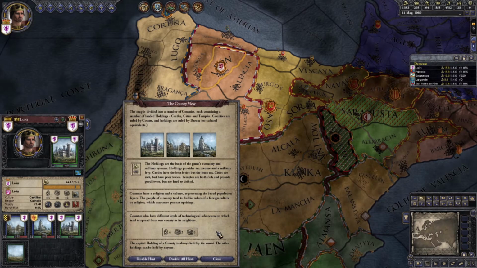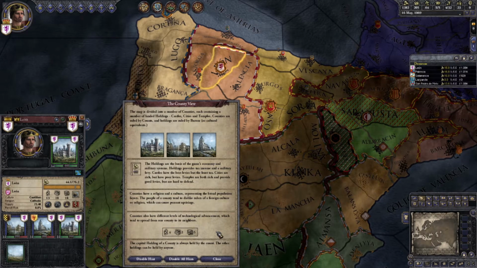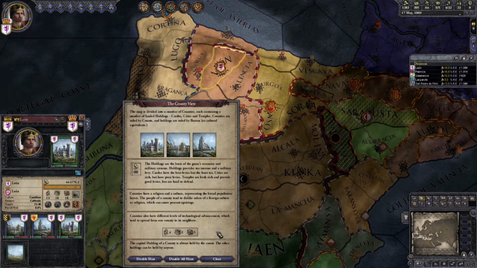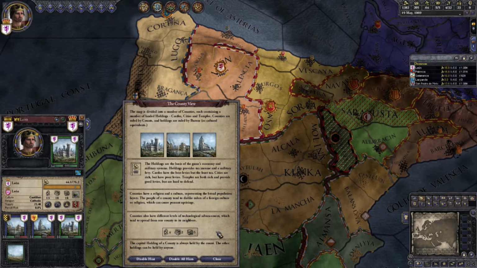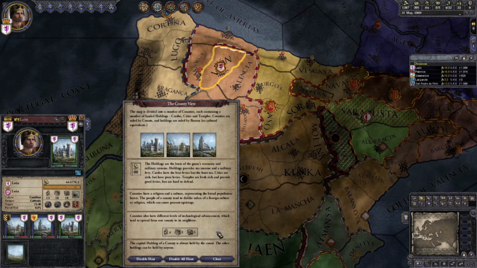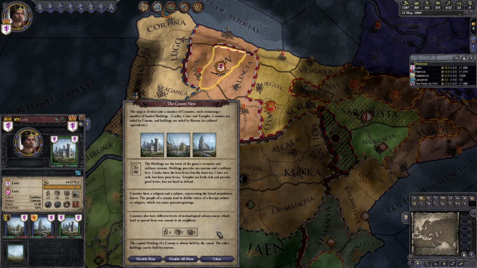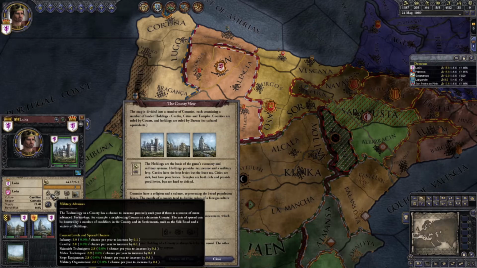Alright. So the people of the county tend to dislike rulers of a foreign culture or religion, which can cause peasant uprisings. Counties also have different levels of technological advancement, which tend to spread from one neighbor to its neighbors. So we have military advancements 13.